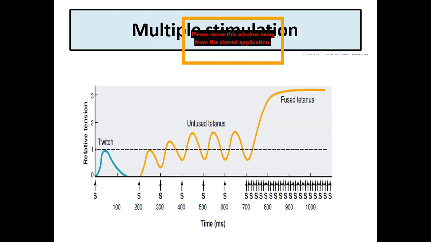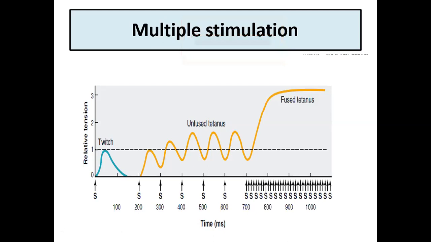During the relaxation period, if you apply another stimulus, the force of contraction is increased in a stepwise fashion. That is called the staircase phenomenon, or treppe, or unfused tetanus.